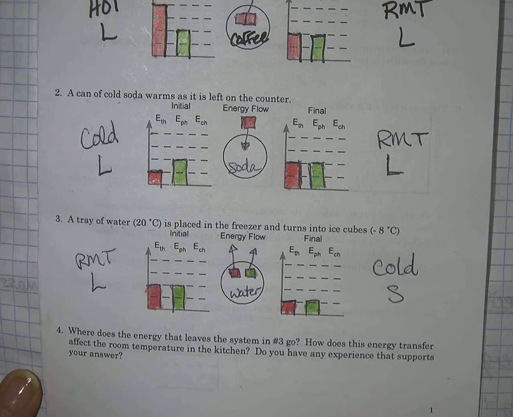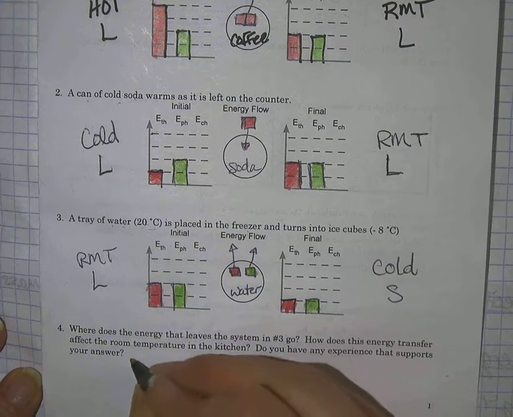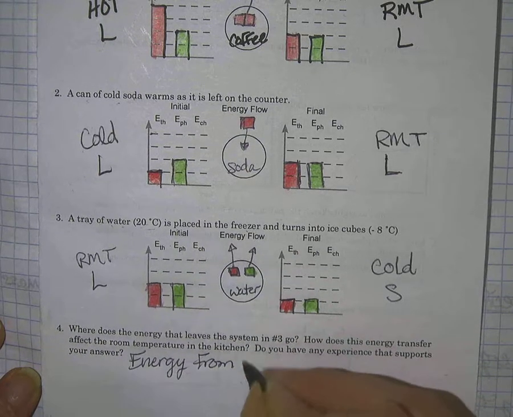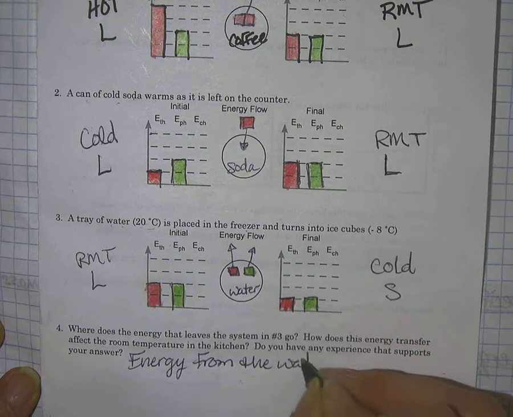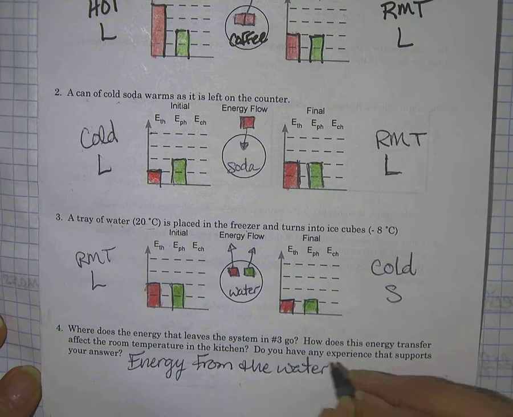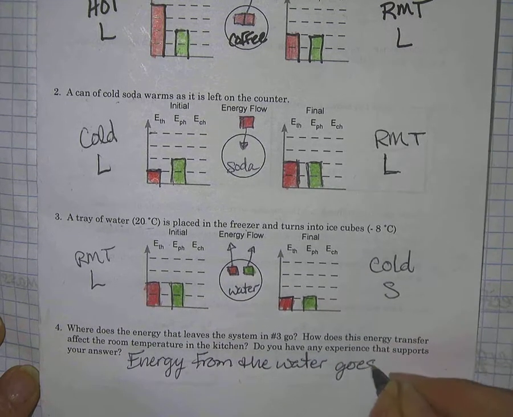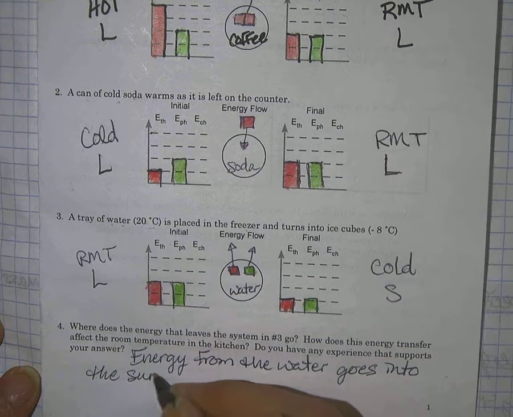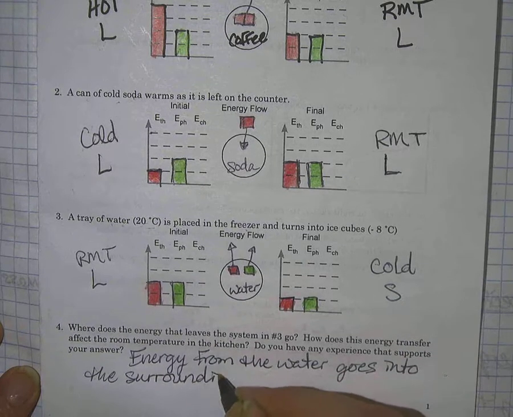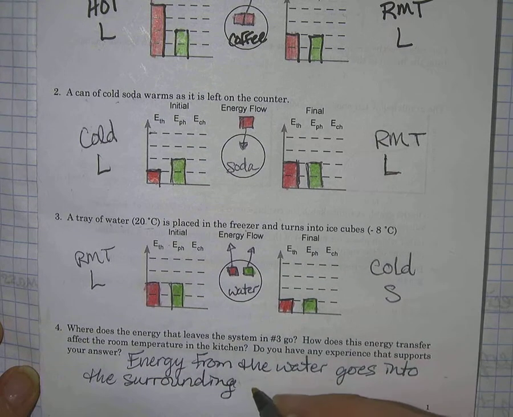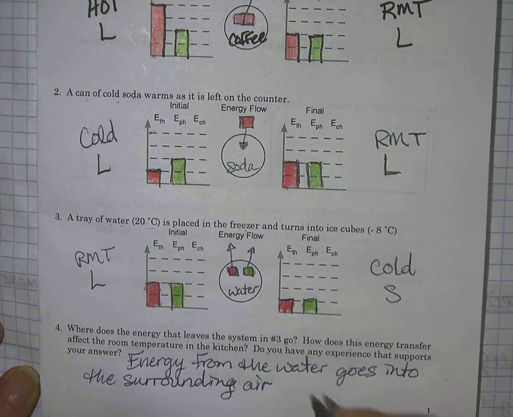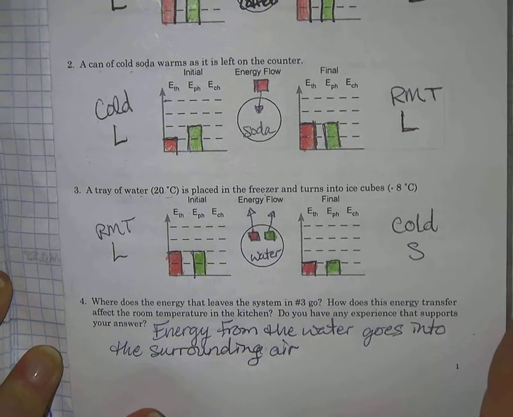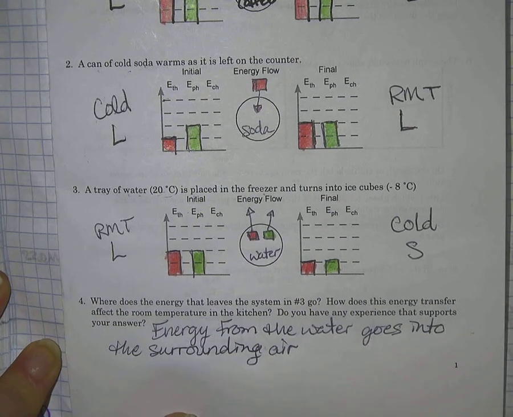So the energy from the water goes into the surrounding air, which would be in the freezer. And then the freezer itself pulls that hot air out and pushes it into the kitchen air.